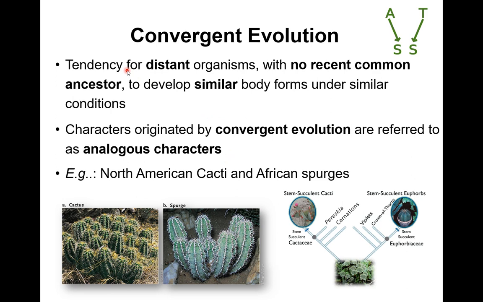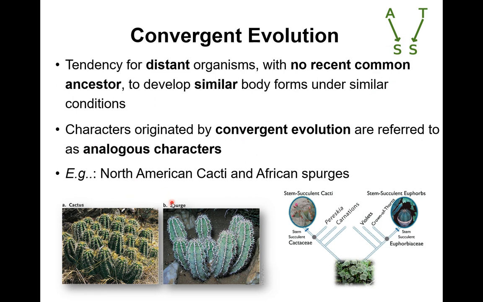It has evolved twice. It's not that it was present in a common ancestor and then inherited by both types of organism. No, these 2 organisms are independent from each other from an evolutionary point of view, at least recently, and independently they have evolved exactly the same analogous character.